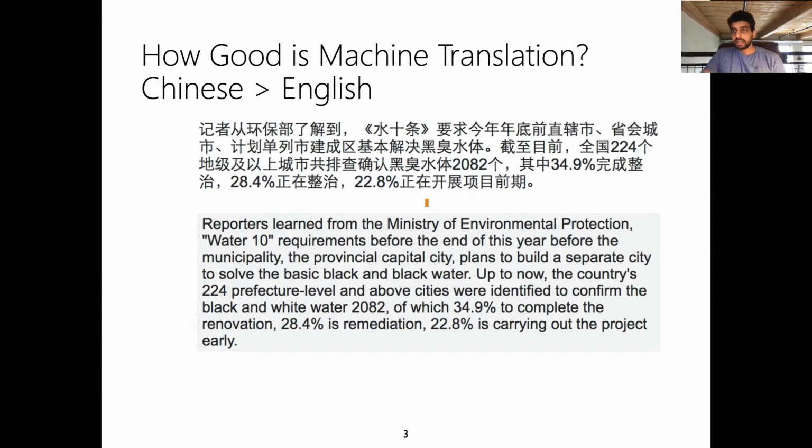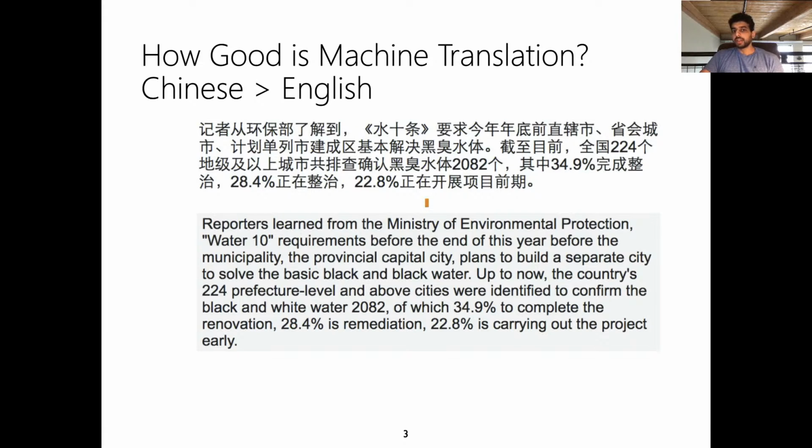Remember, to evaluate all models, not just text generation models, we have some held out data, right? So in the case of translation, we'll have some set of sentences that we have not observed at training time. And we're not going to just evaluate our model's performance by measuring the loss of the ground truth translation or the probability of the ground truth translation.